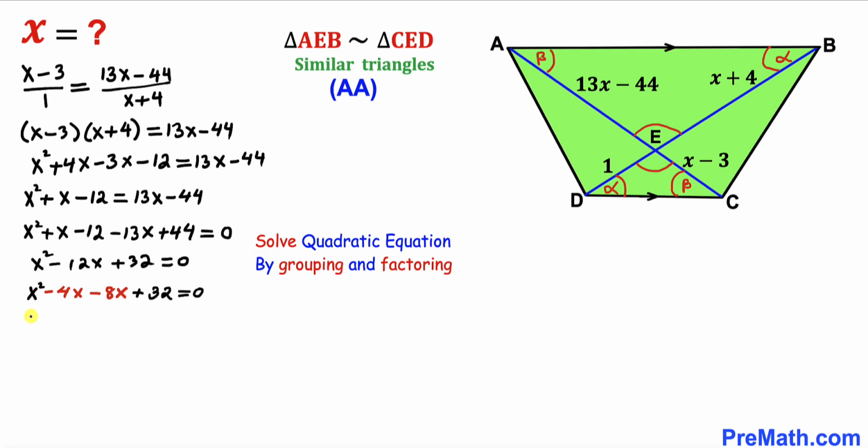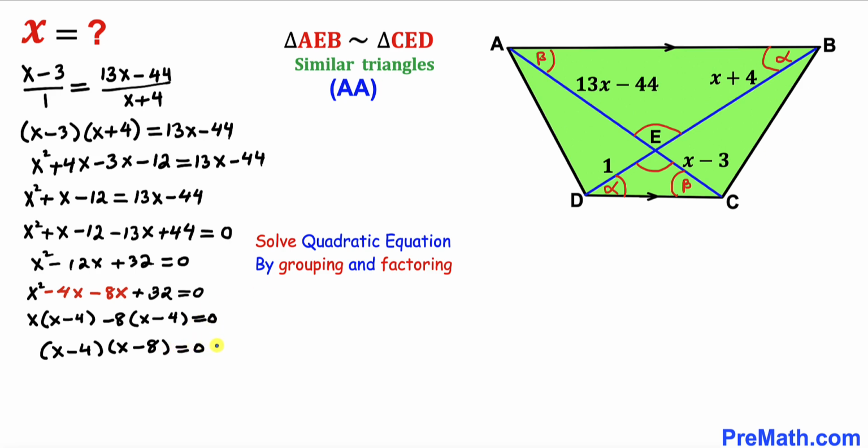So let me factor out x, and we get x minus 4, and for the next one, I'm going to factor out negative 8, and we get x minus 4 equal to 0. Now we can see x minus 4 is in common. So we can write this as x minus 4 times x minus 8 equal to 0.